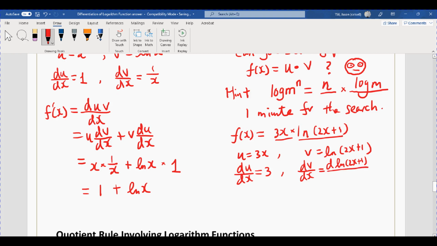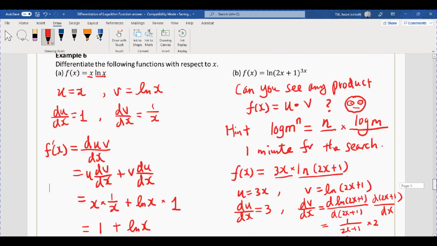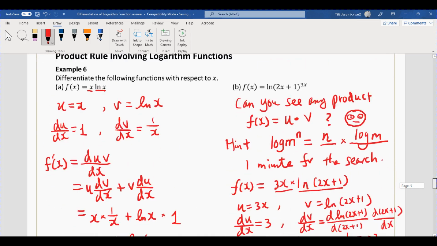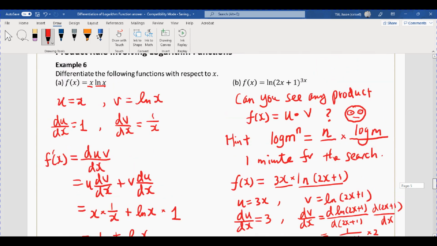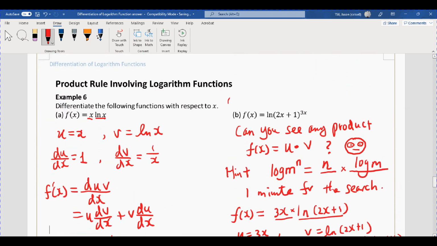In this case, you create that 2x+1 here, and 2x+1 there, so that becomes 1 over 2x+1, and the second part is just 2. So it's 2 over 2x+1. Sorry about the space, I possibly used too much room there. I might just write my answer over there.